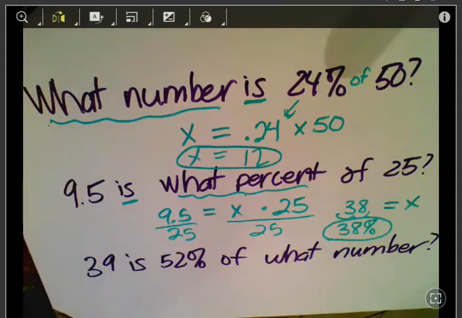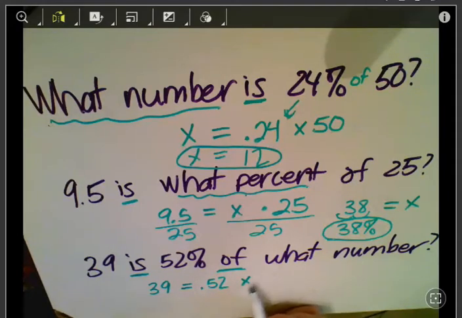Here then is 39 is 52% of what number? So 39, keyword is equals, let's write this as a decimal. So I take away the percent, move it 1, 2 this way, because it's 52 out of 100 or 52 hundredths of what number?